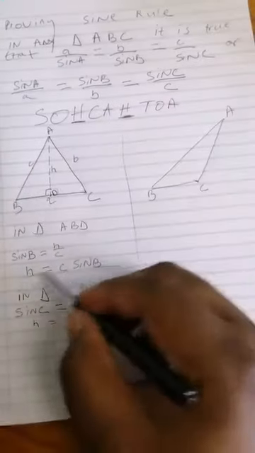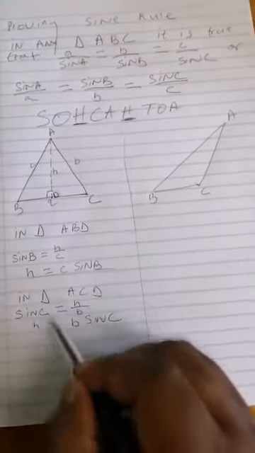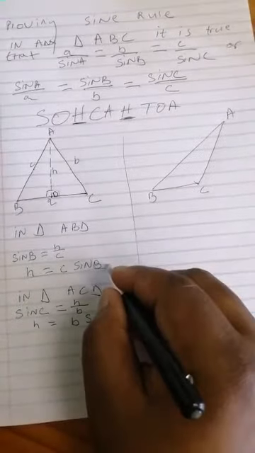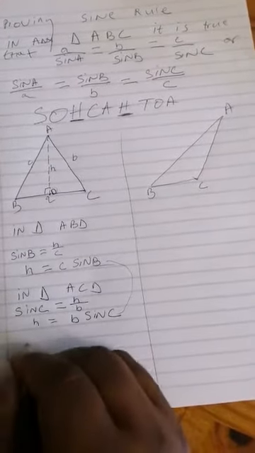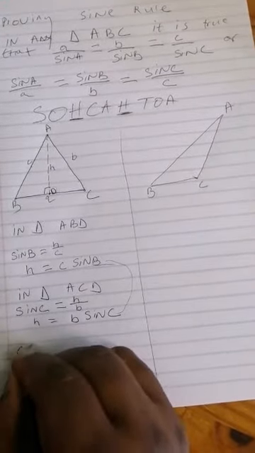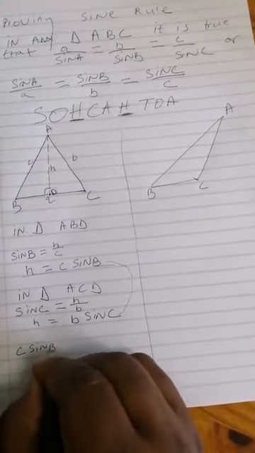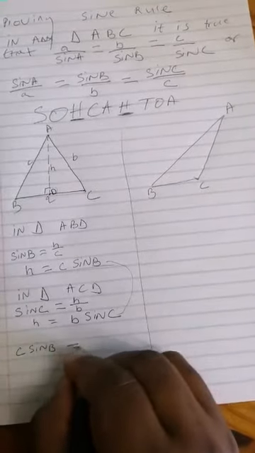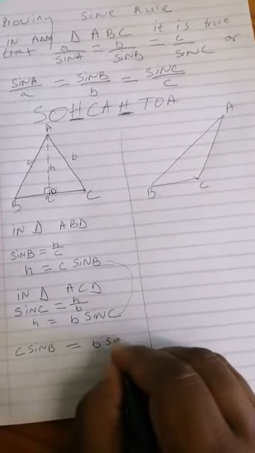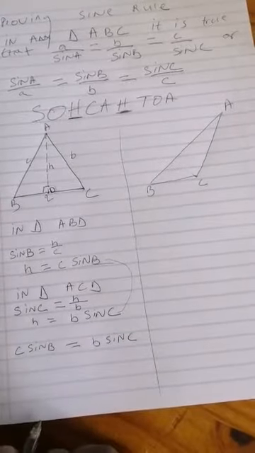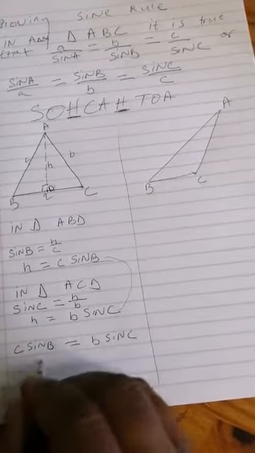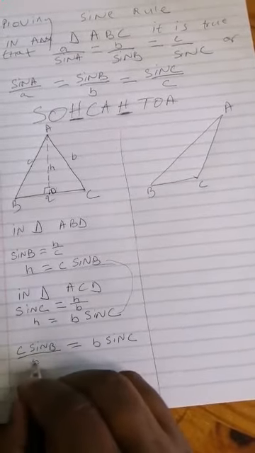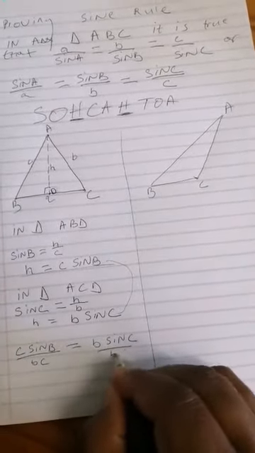Now, if we agree that this is the same height, it will mean this is equal to that. So I can safely say that c sine B is equal to b sine C. Okay, now let me divide by BC both sides.